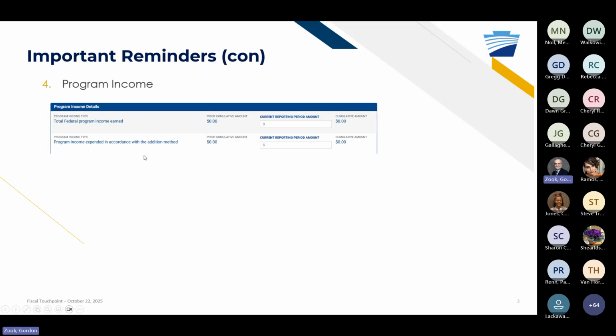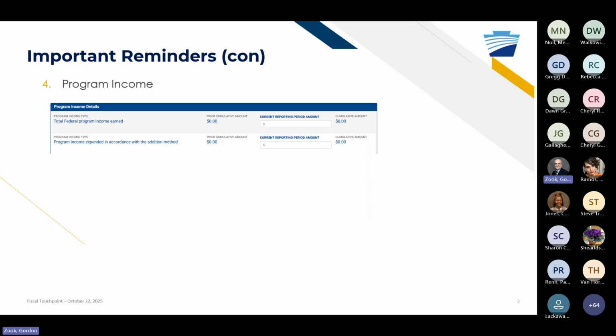And then the final section is program income. Just remember, what you're reporting here is any program income earned during the current period, and any program income expended during the current period. The guidelines are that program income must be spent before new funds are drawn.